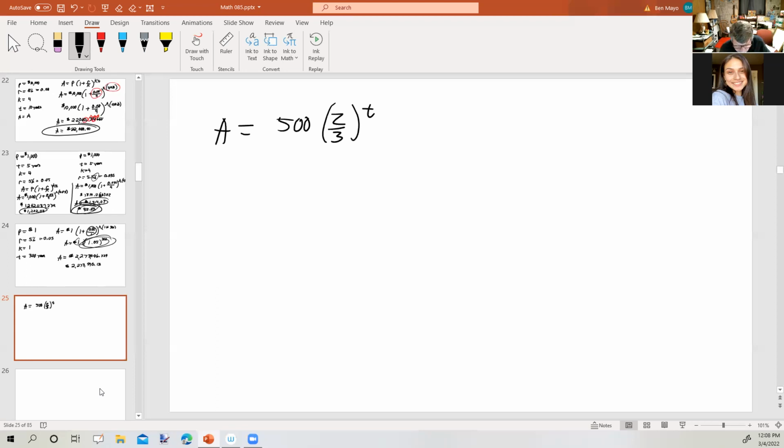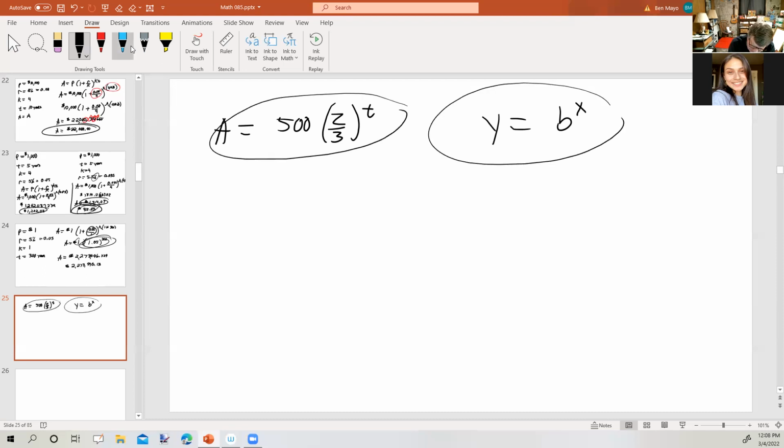Okay, so T is time in years and A is an amount of a radioactive material. So this formula is a little bit different from that. We've got this extra coefficient out front there, don't we? So let me ask you this.